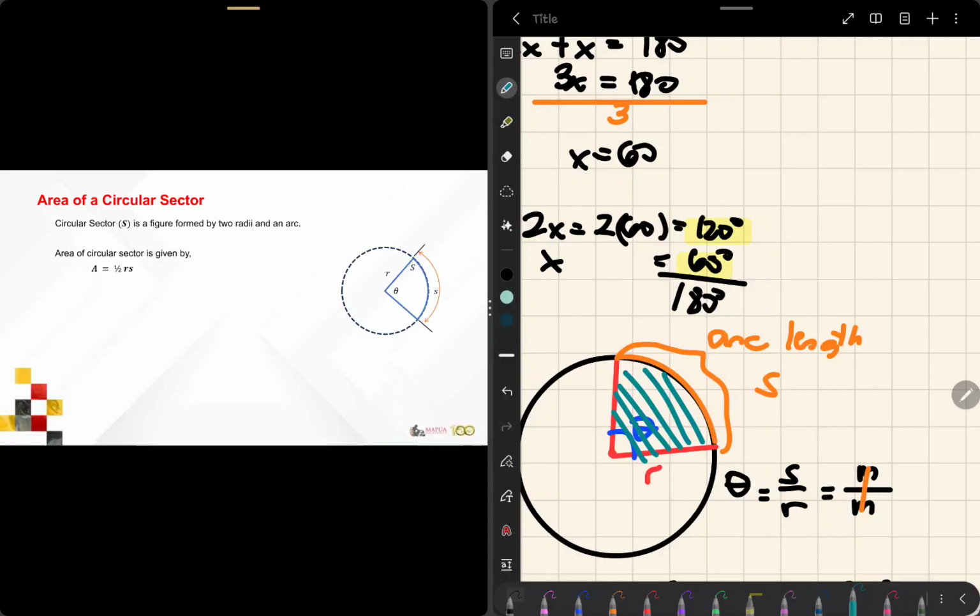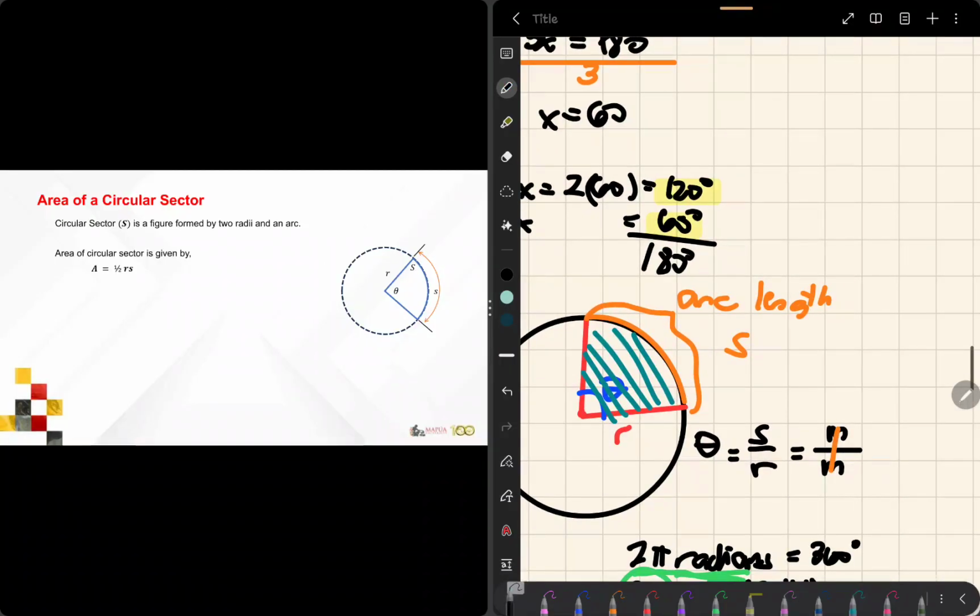The area of the circular sector is given by the formula A is equal to 1/2 RS, or simply 1/2 times the radius and our arc length. The length of the circular arc is given by S equal to R theta, which was discussed a while ago.